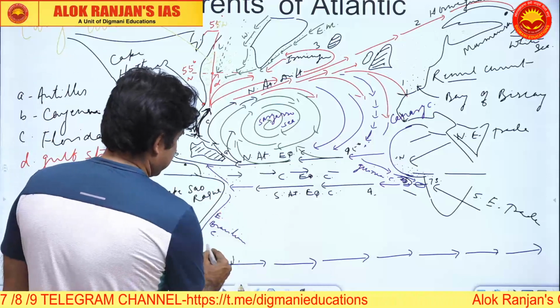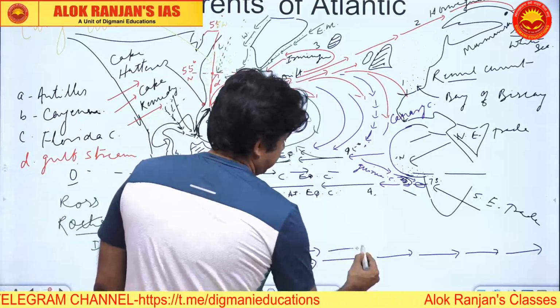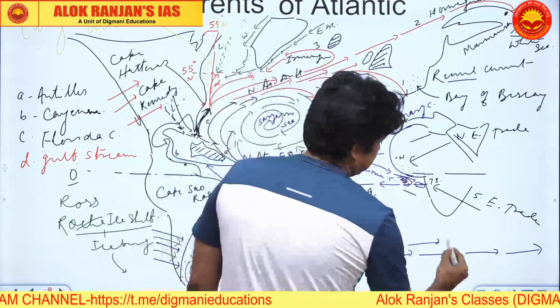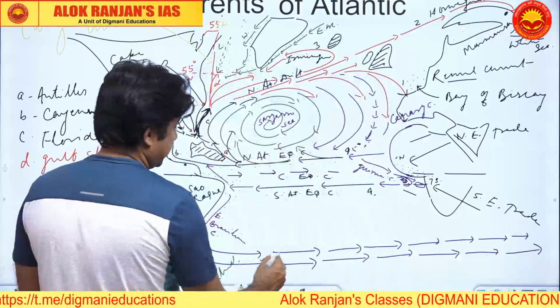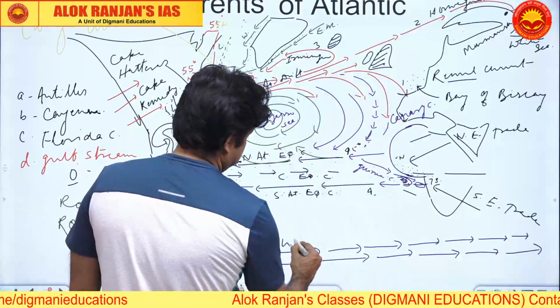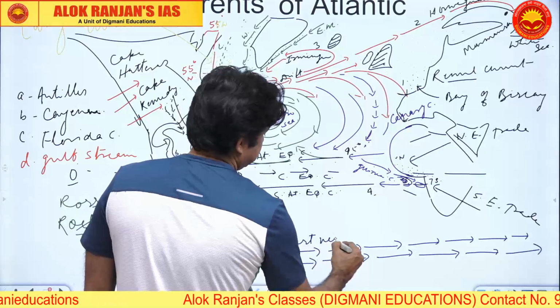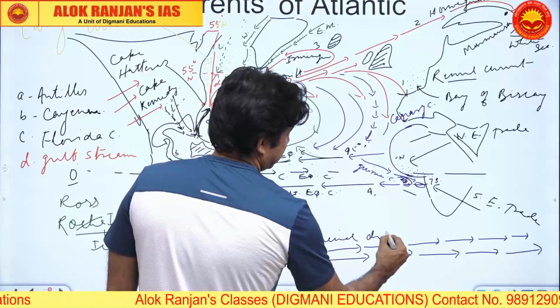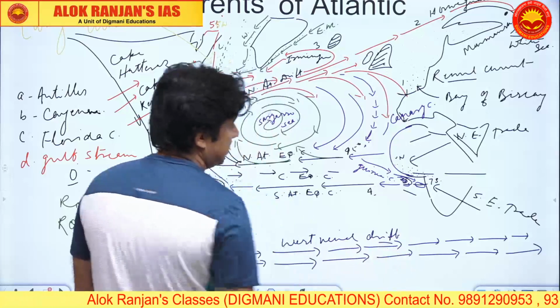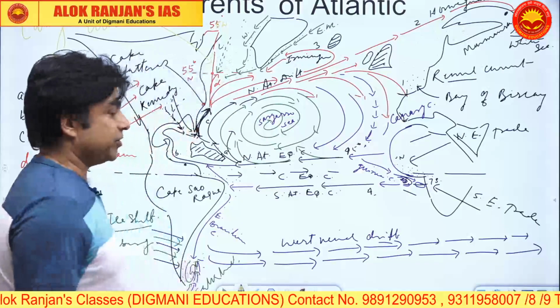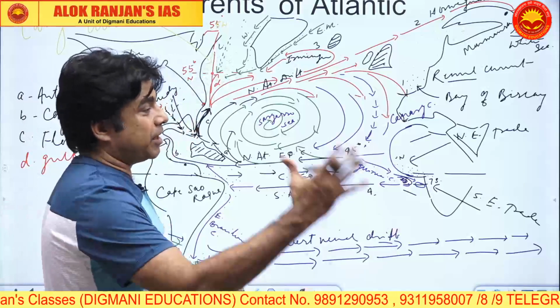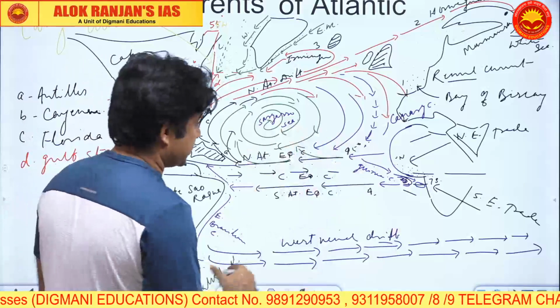So the current which is produced by the westerlies will be called the west wind drift. Drift meaning the volume is more, the velocity is less, because it is an open ocean, so the enormous mass of water is moving from west to east.